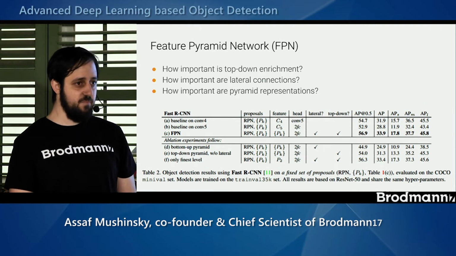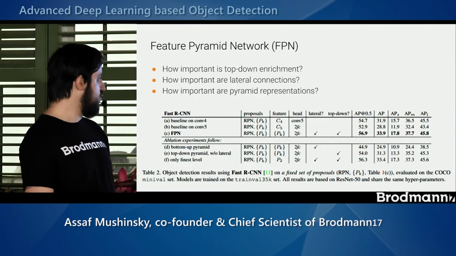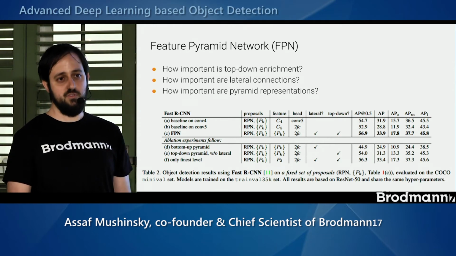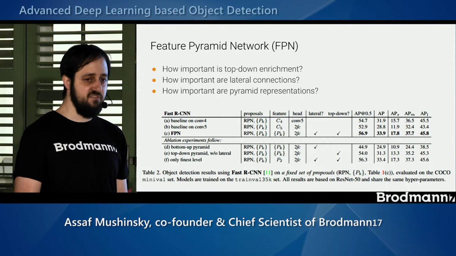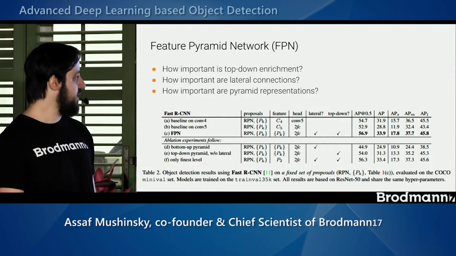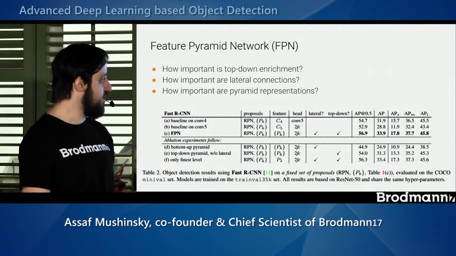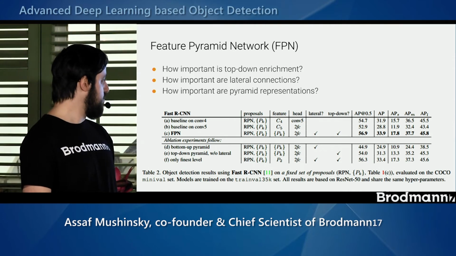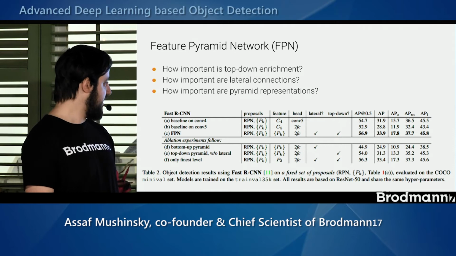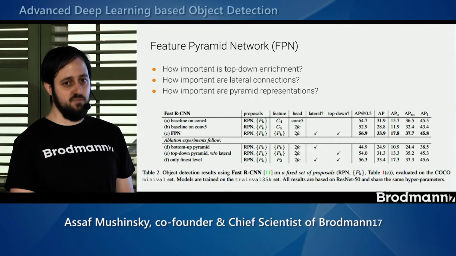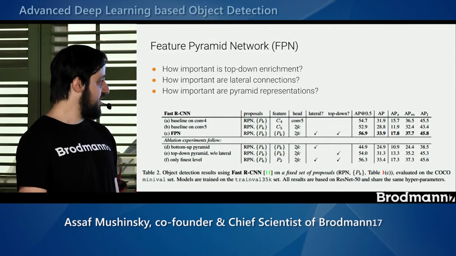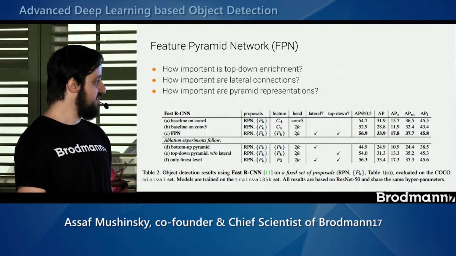When we compare the FPN to the features extracted in Fast R-CNN, meaning we use Fast R-CNN over the FPN features instead of just the RPN features, we can see the same thing, where the accuracy of Fast R-CNN improves. An interesting thing here is that instead of using the feature pyramid, we can use just the low-level features, only the finest level, and get pretty much the same level of accuracy.